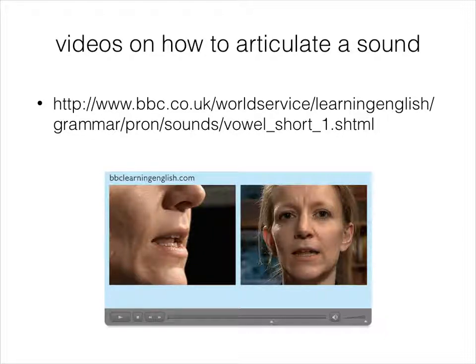Carlos was telling me about how it would be interesting to know exactly how to use your mouth to articulate particular sounds. So, for example, if you want to make an E sound or an R sound, how you have to open your mouth or close it, or where exactly you use your tongue. If you go to the BBC Learning English website, you have videos, with this woman giving you examples of how to produce every single sound in the phonemic chart.